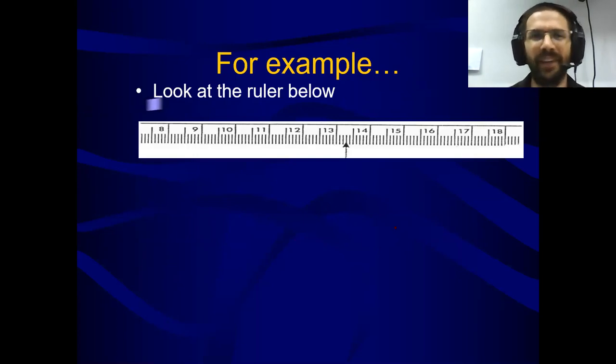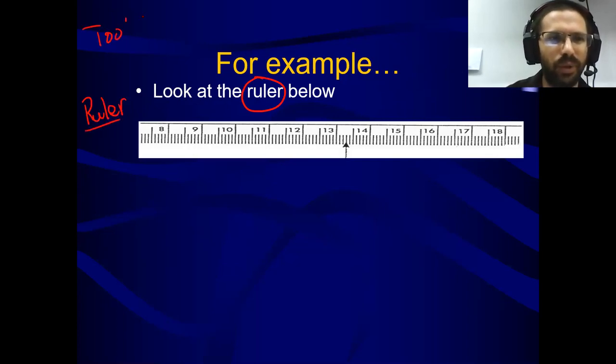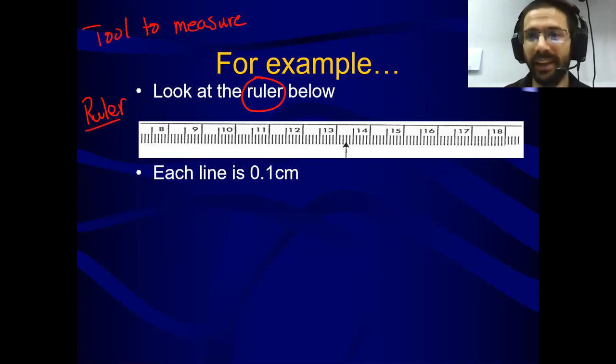So here we have a ruler. This is a ruler, and this is a tool to measure. If we look at this ruler, you might want to know that each line on this ruler is 0.1 centimeters. So that's the measurement that's being used.